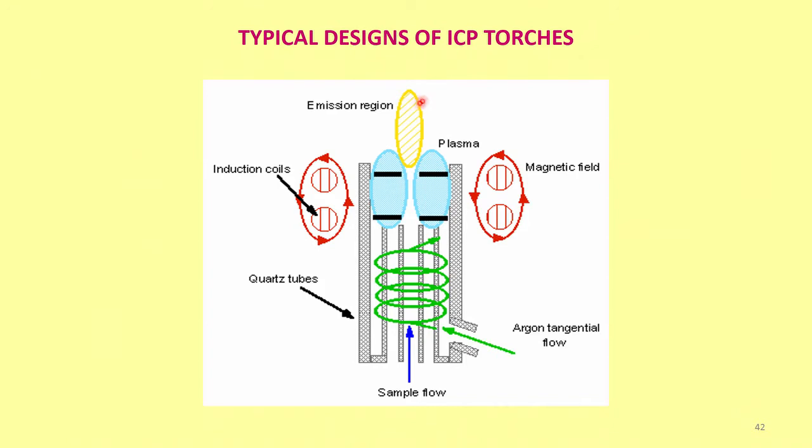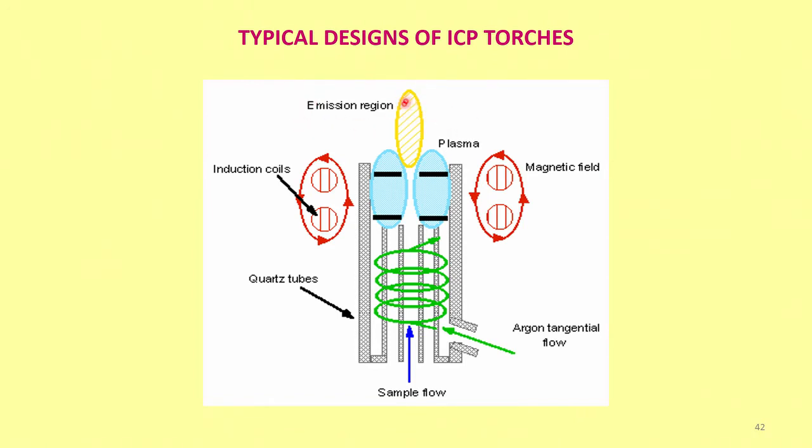This is the emission region near the top, and the plasma is here, and the high temperatures are reached here, but the atomization is virtually complete and the atoms start emitting radiation in all directions: top, vertical, angular, east, west, to the sides, everywhere.